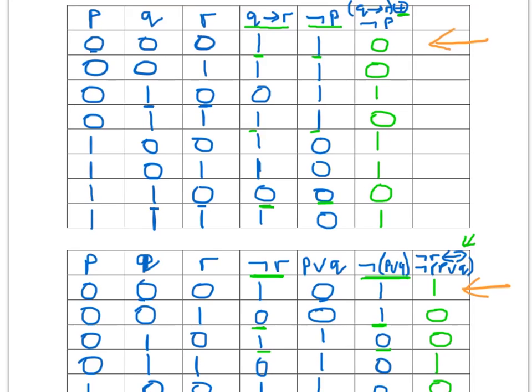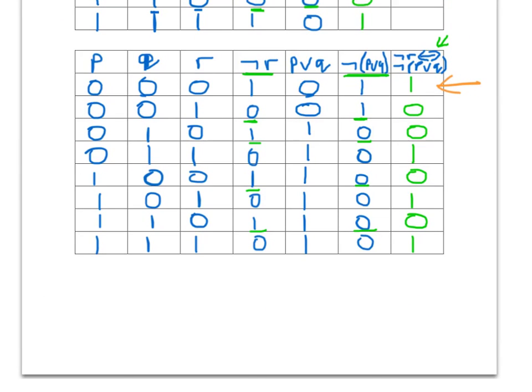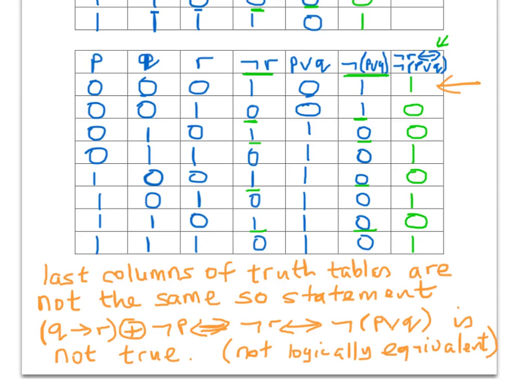So again, if I move down here, I can write at the bottom of the screen that the last columns of the truth tables are not the same, so the statement that was given in the question is not true. That means that the two sides of the statement are not logically equivalent.